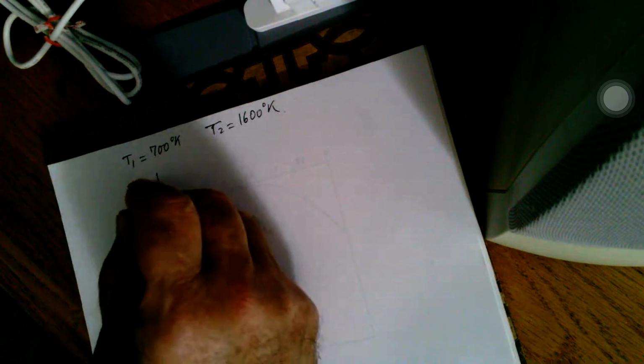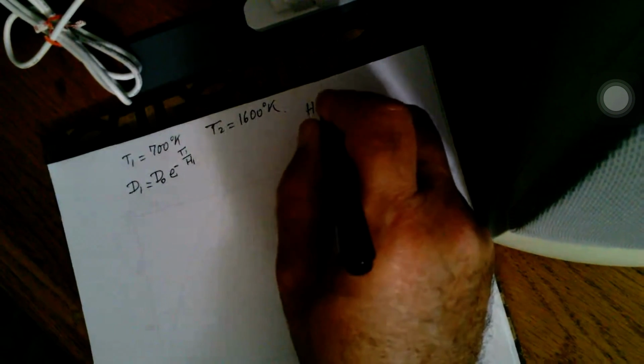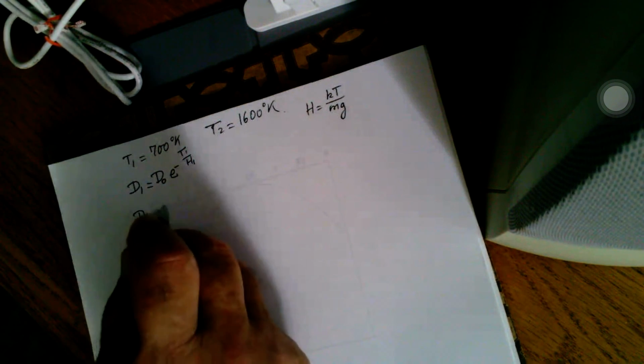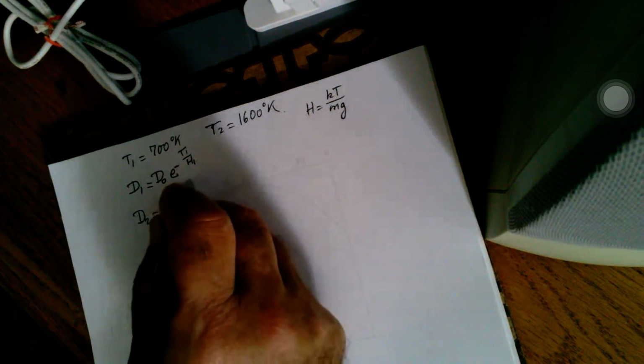So in this case, the density at temperature T1 would be D0 exponential minus T1 over H1, because even H changes with temperature, remember? H is KT over mg. So everything remains constant, but T changes, so H is proportional to T. Then D2 at different temperature is D0 exponential minus T2 over H2.